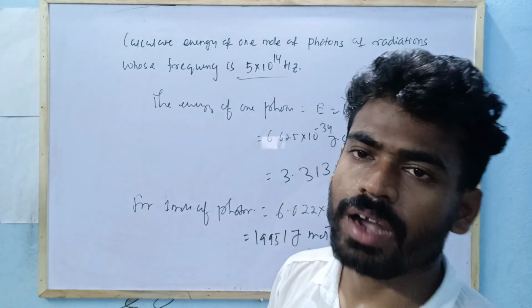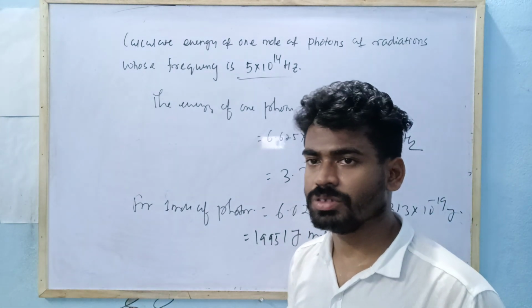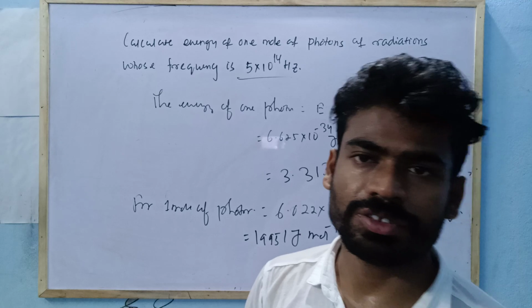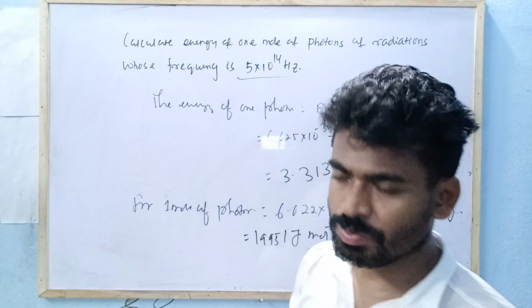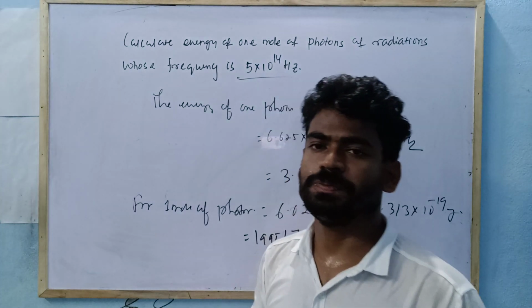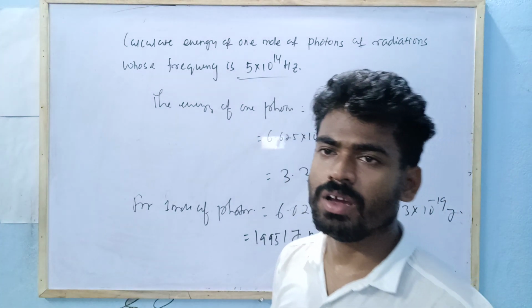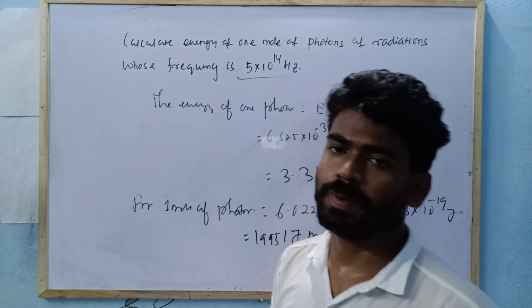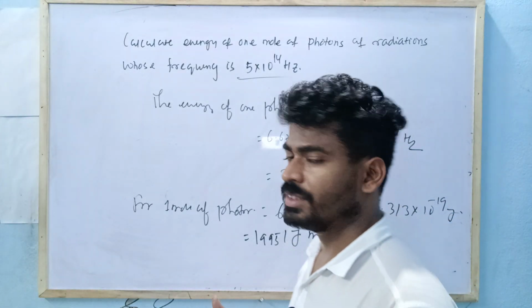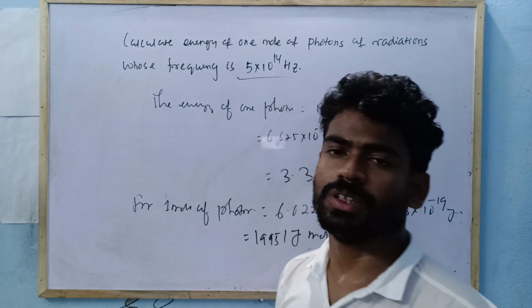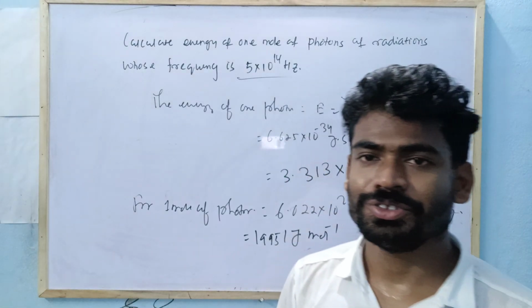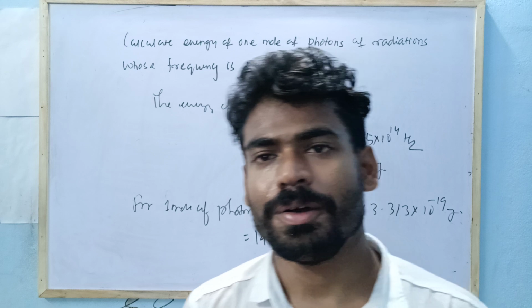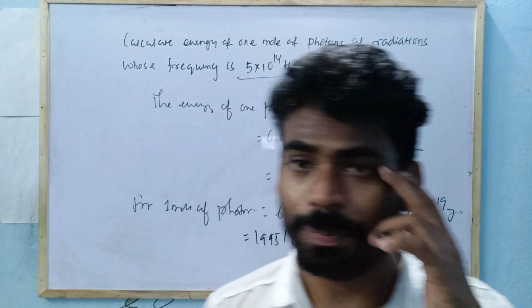The radiations are not continuous, rather they are discontinuous, in the form of small packets of energy, and each packet of energy is called a quantum. In the case of light, this is a photon, and the energy of a photon is h nu. Clear? So till now I think you have got it properly.